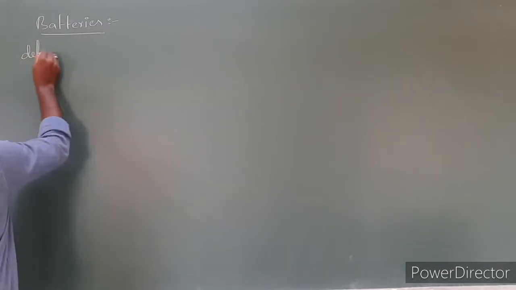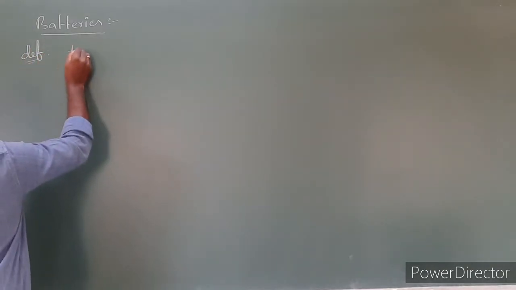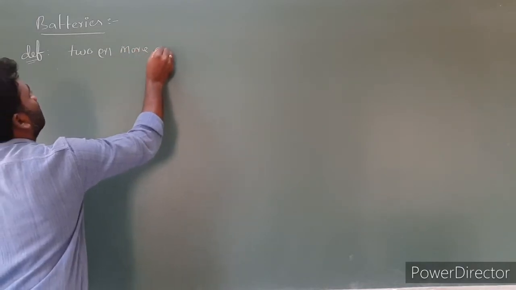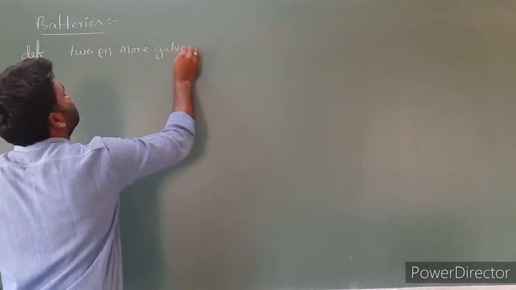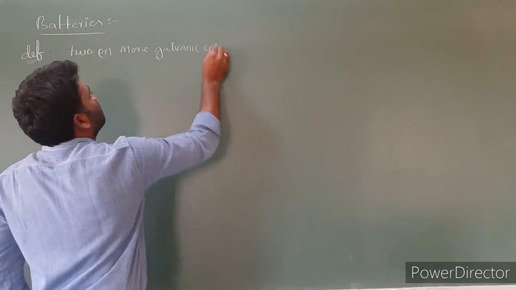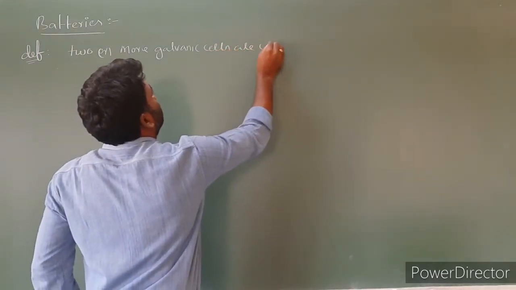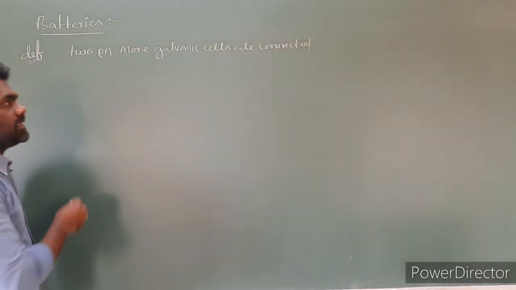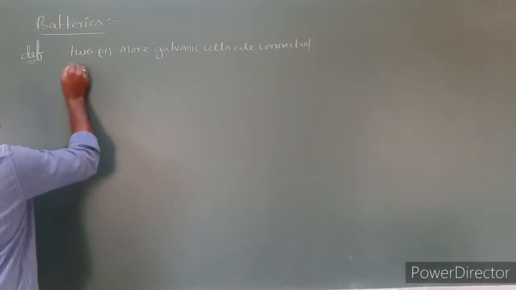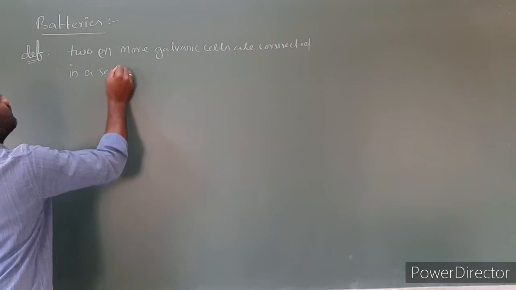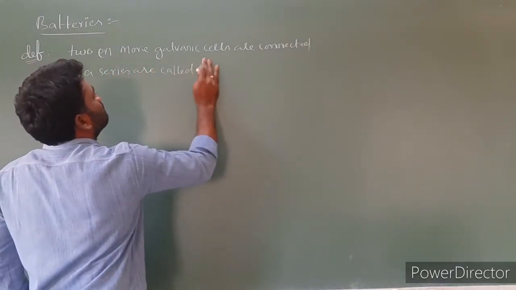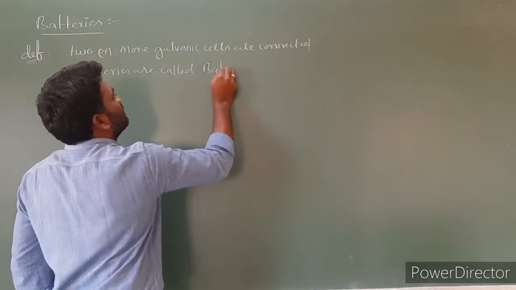Now let us read the definition of battery. Two or more galvanic cells connected in series are called batteries.